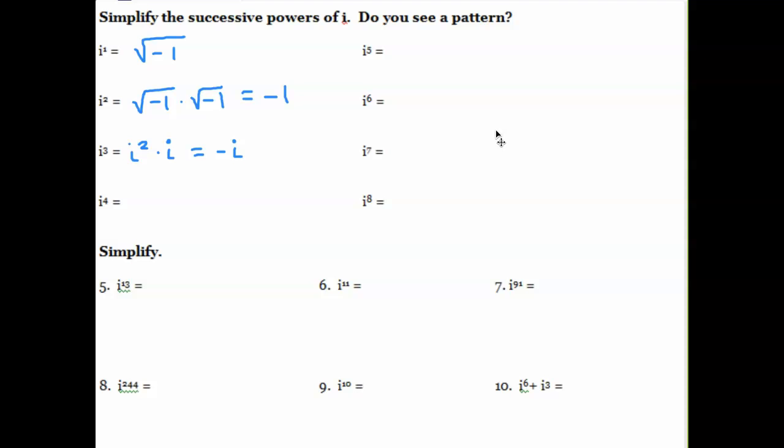So you're never going to give me an answer with i cubed. You're always going to simplify it to negative i. i to the fourth could be i squared times i squared, because the rule of exponents is you add them together if they're multiplied. So 2 plus 2 is 4. Well, i squared is negative 1. So negative 1 times negative 1 is 1.